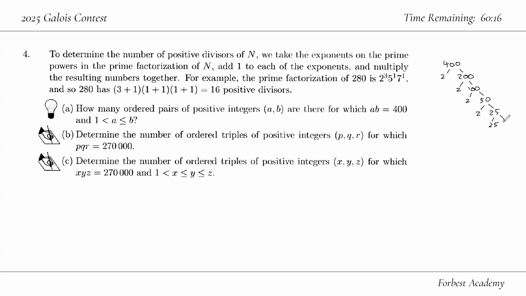So 400 is equal to 2 to the 4, 5 to the 2. Okay, 16 times 25. So that means there are (4 plus 1) times (2 plus 1) equals 5 times 3, 15 factors. And these factors, if we were to list them out, we would get this.